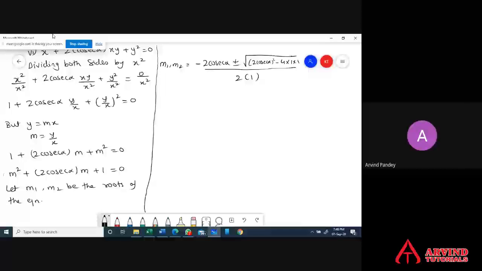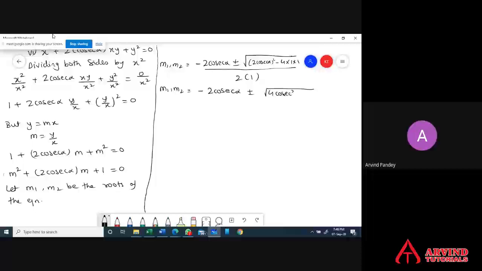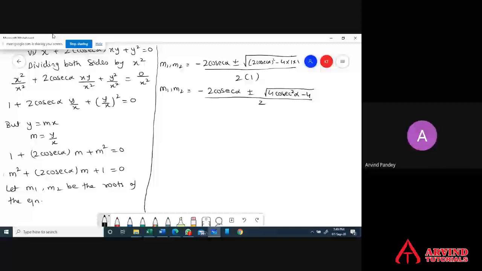So your m1, m2 will be minus 2 cosec alpha plus minus root of 4 cosec square alpha minus 4 upon 2.